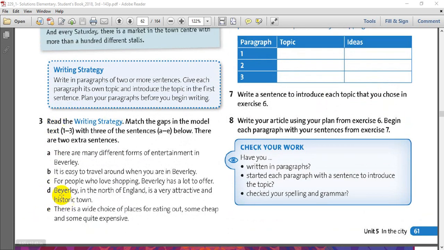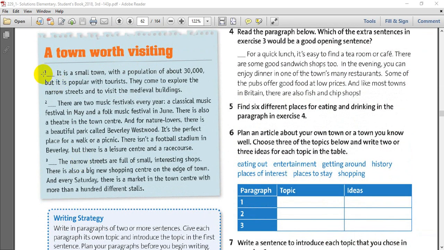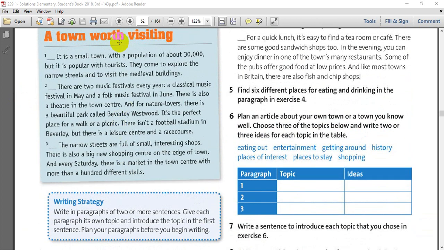D. Beverly in the north of England is a very attractive and historic town. Which number? Number 1. It's a small town with a population of about 30,000, but it's popular with tourists. They come to explore the narrow streets and to visit the medieval buildings. So D is number 1.